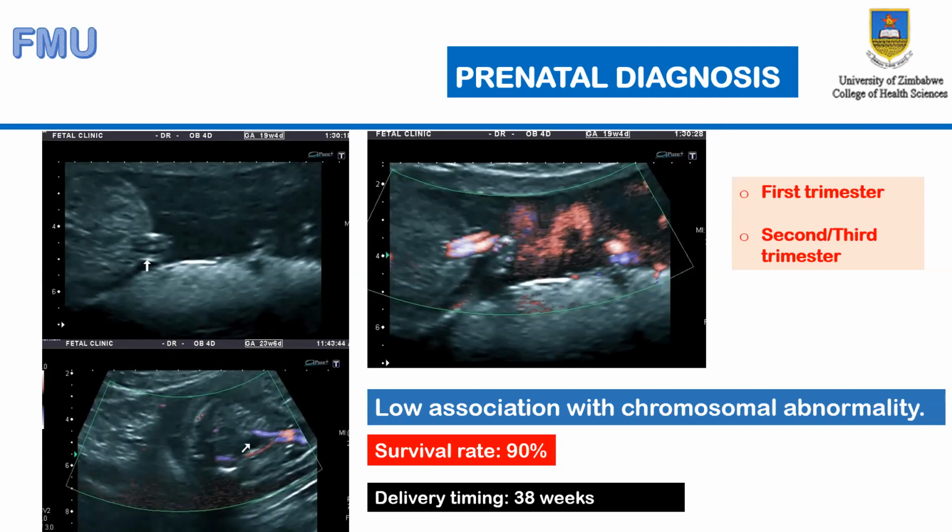So picking that up is very important for us. So remember, before you know how to diagnose, you should know how to screen. So these are the images required to screen for most anterior abdominal wall defects. The bladder should always be seen.